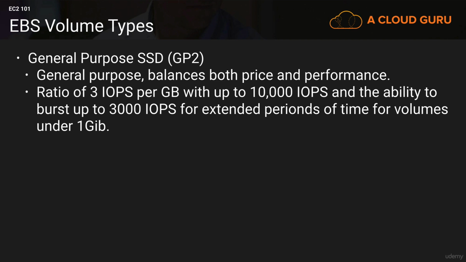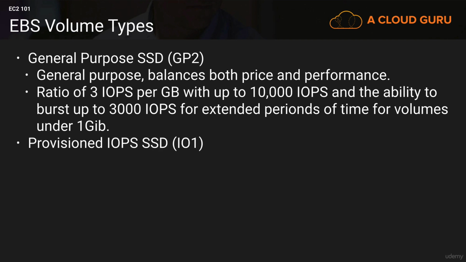If you provision a disk that's going to have 100 gigs, you're going to get 300 IOPS, etc. And you can go up to 10,000 IOPS, and you have the ability to burst up to 3,000 IOPS for extended periods of time for volumes under 1 gig. So these are really great disks, and this is general purpose. This is the one that you use the most often.